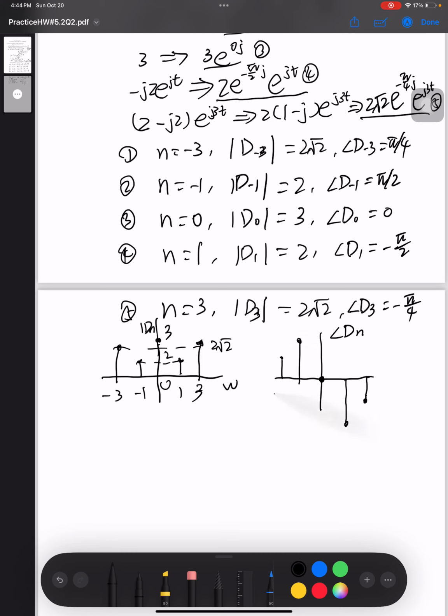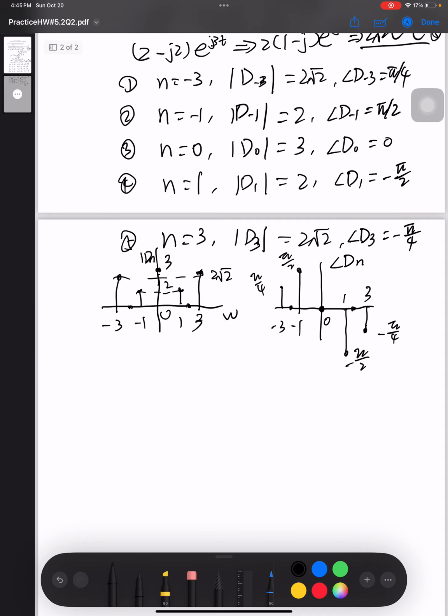Minus 3, minus 1, 0, 1, 3. And this is minus pi over 4, minus pi over 2. This is pi over 4. This is pi over 2. Something like this. Of course, if the amplitude is 0, then the phase doesn't matter.